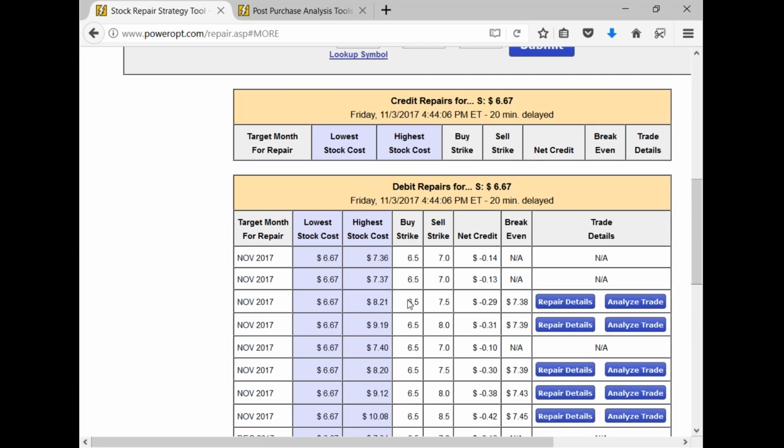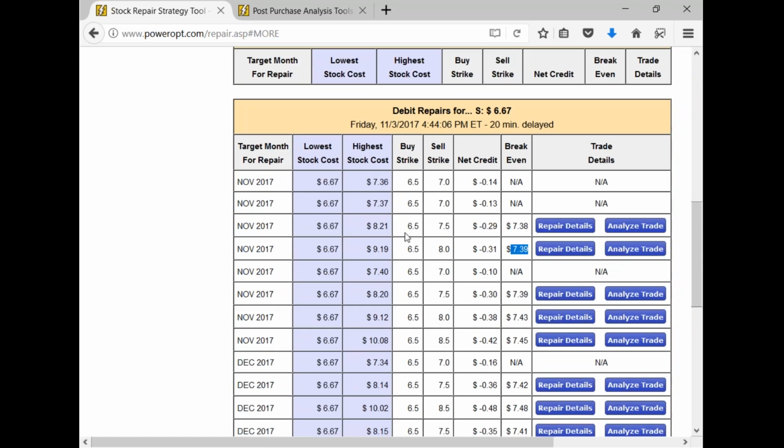This tried to build a ratio spread, but with these combinations, you see that it's finding a different break even based on buying a strike and selling a higher strike at a small debit on the position. So here you could still lower your break even using the stock repair.